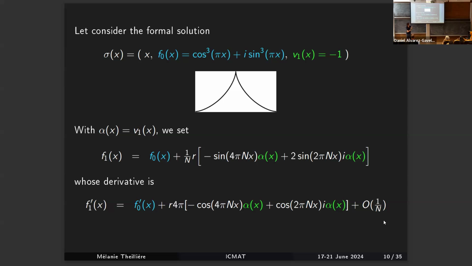It never vanishes. So to go back to the formula of Thurston, we just have to set alpha equal to v1. So we have this deformation, and the derivative is this one in the case of Thurston. And we have to check if this derivative vanishes or not.